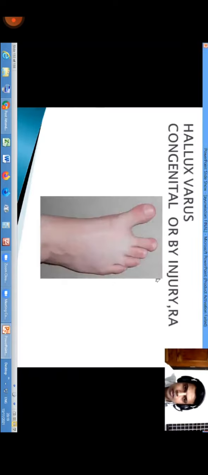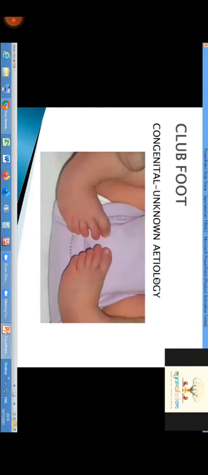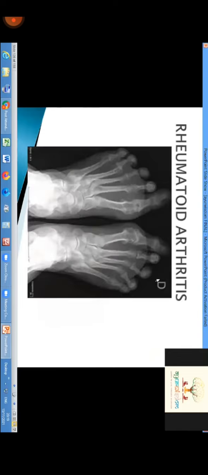Namaskaram, sir. Sir, can you elaborate on the treatment regarding calcaneal spur? How to approach the patient, sir? Okay. Calcaneal spur is usually seen in case of plantar fasciitis.